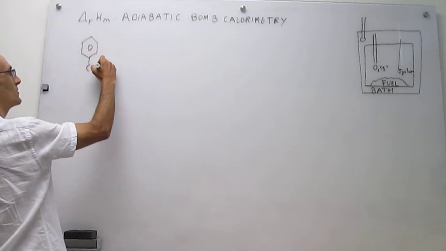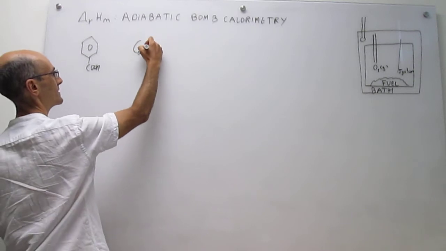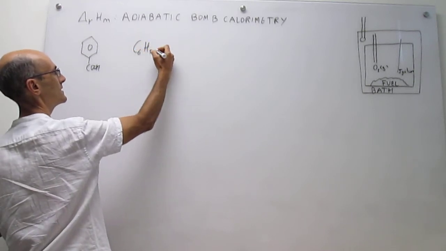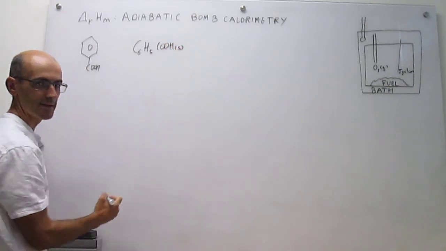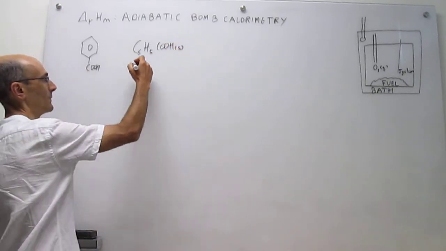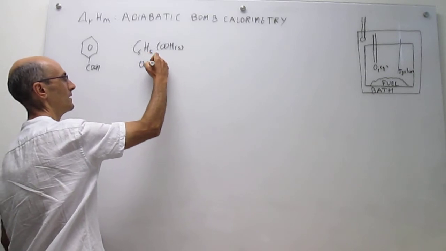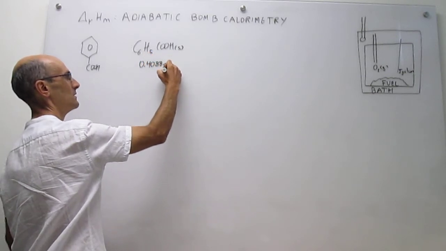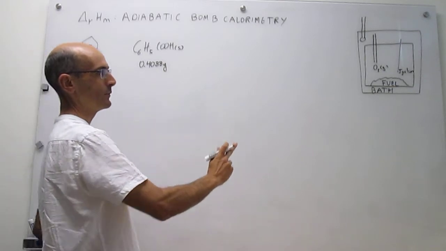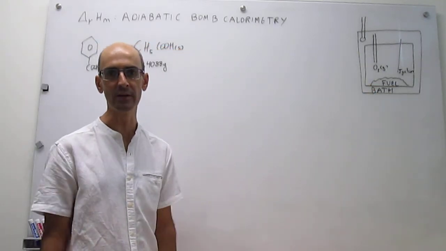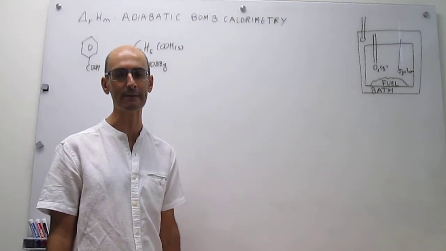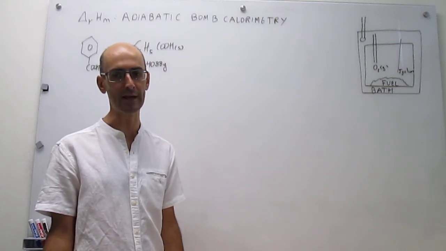So this is benzoic acid, which you can write simply as C6H5COOH, which is a solid. Right, that is your benzoic acid, and we're going to have an amount of 0.4088 grams of this molecule that we're going to put in this sample holder, and then we're going to burn it with oxygen to determine what is the enthalpy of combustion of that fuel.